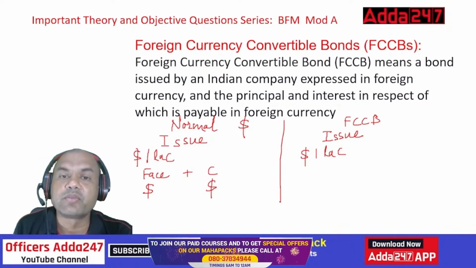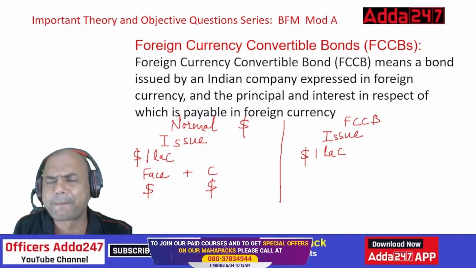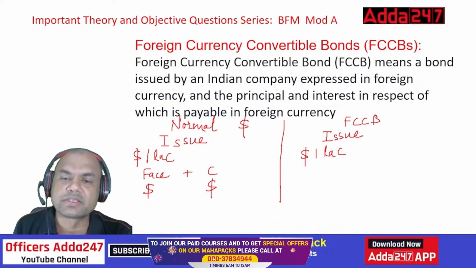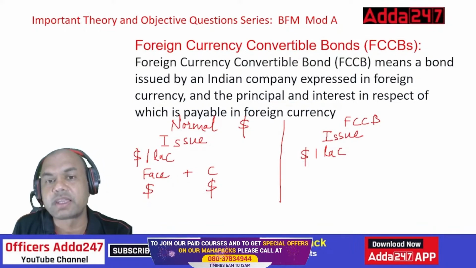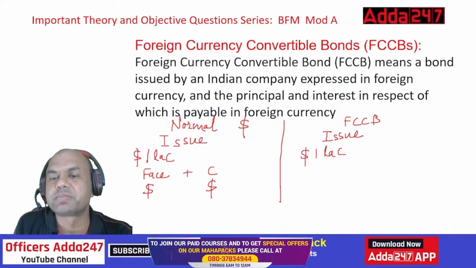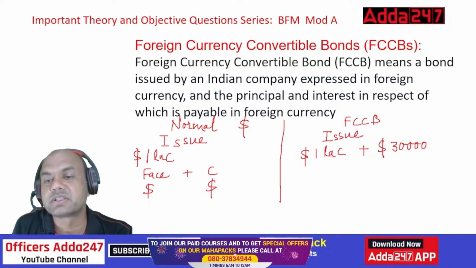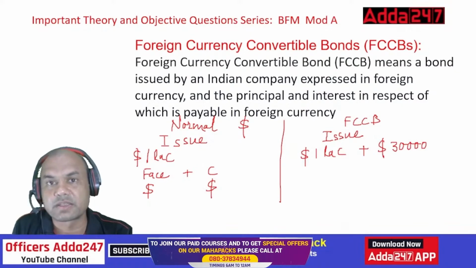If I'm a big company like Reliance and I issue that FCCB, then at maturity I'll tell that person that the 1 lakh has grown to, let's say, 1 lakh plus total coupon, say $30,000 more. So now I have to give you $1,30,000.